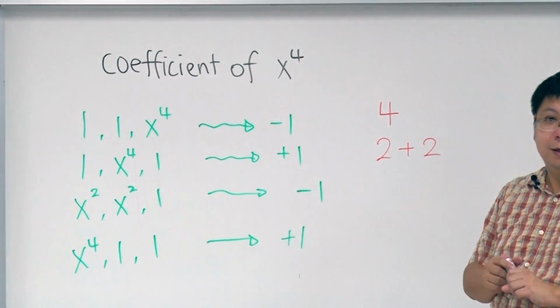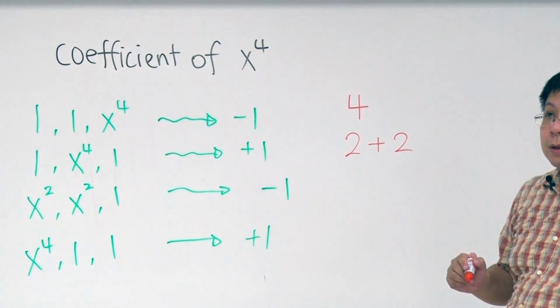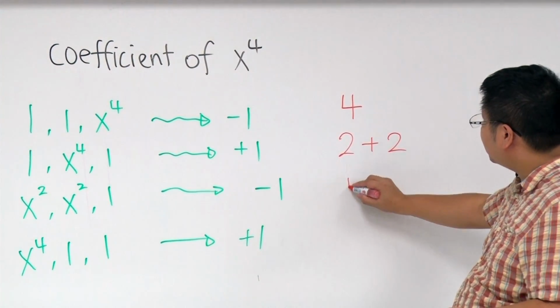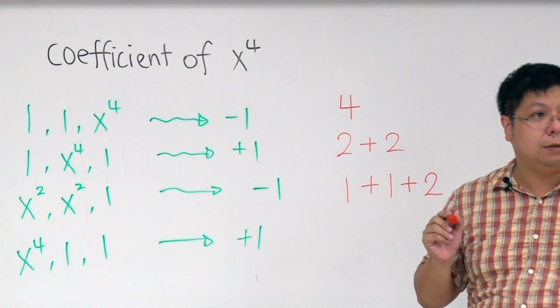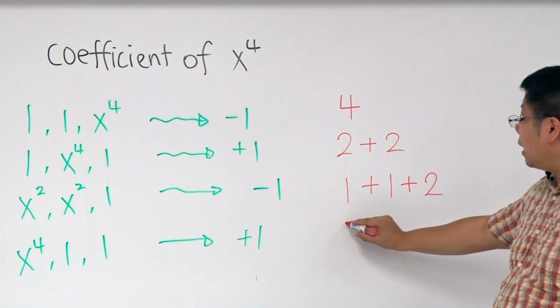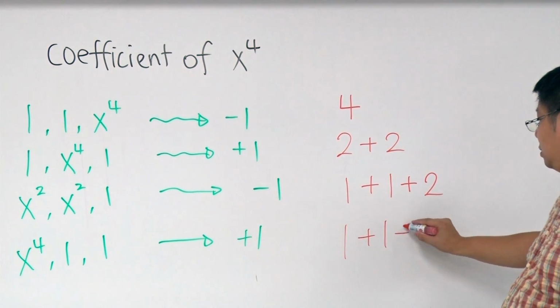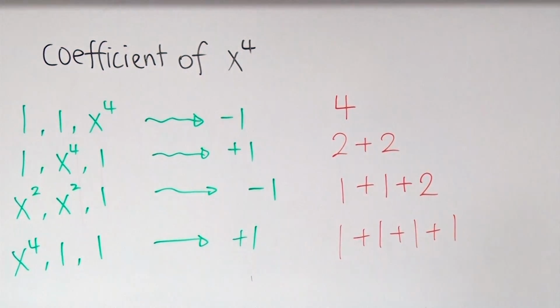What does that mean? I'm picking 2 1s and 1 2. Is that okay? So it corresponds to 1 plus 1 plus 2. And then the last one, x^4, 1, 1. Then I'm picking 4 1s. Is that okay?